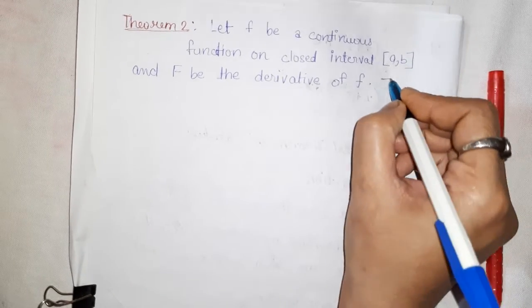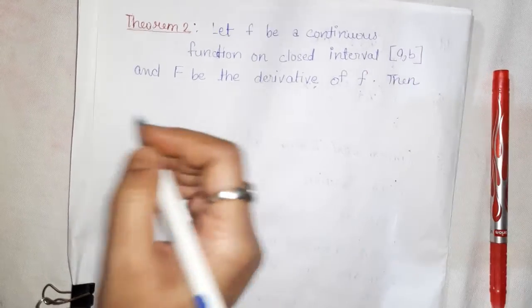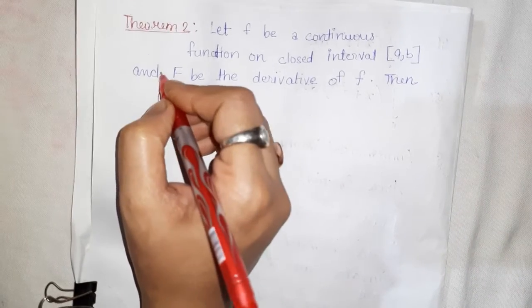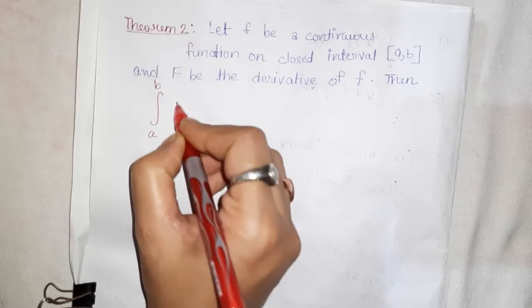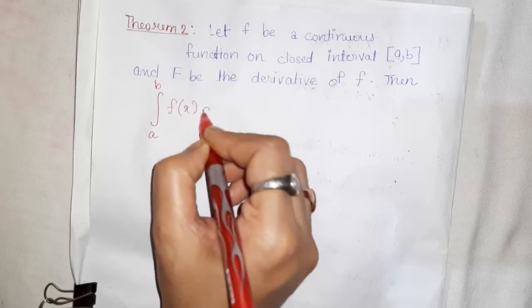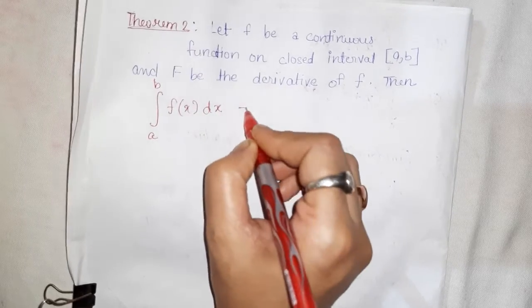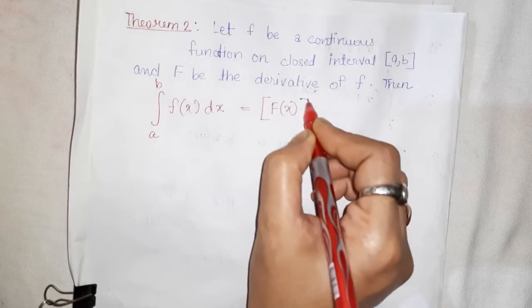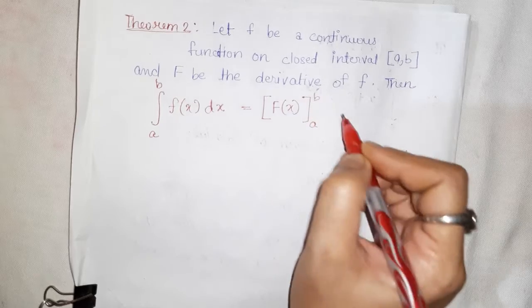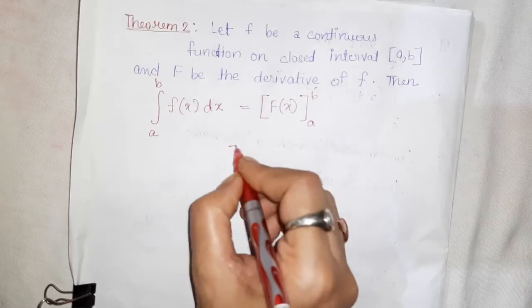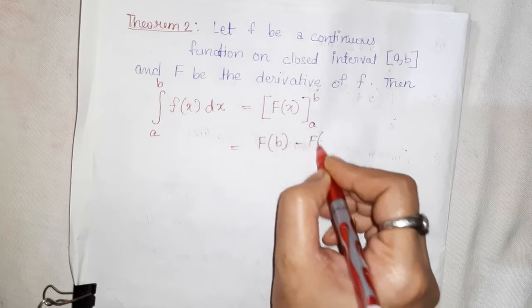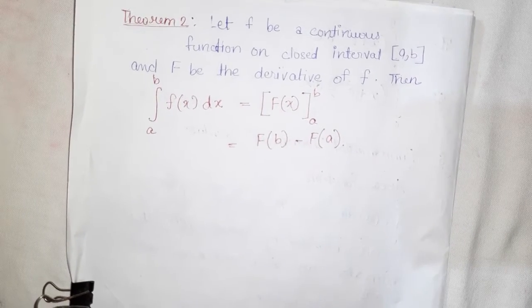Then integration from a to b of f of x dx is equal to capital F of x from a to b, which means F of b minus F of a.